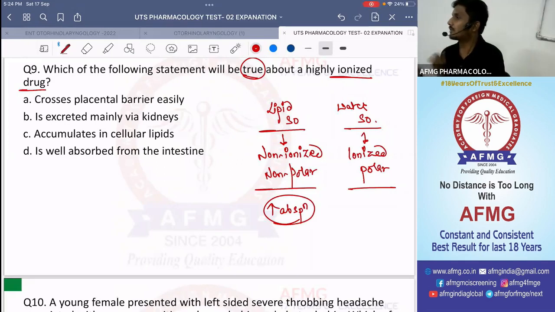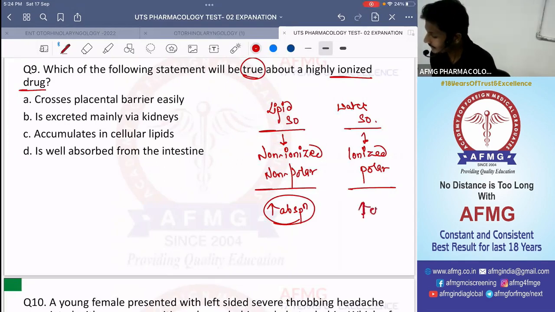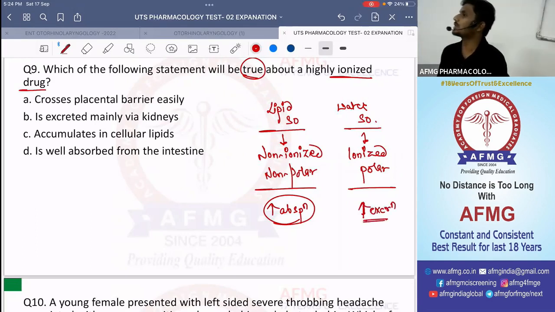Whereas the water soluble drugs will have high excretion, because they cannot cross the plasma membrane, and therefore they will always remain inside the blood. If they remain inside the blood, they will go to the kidneys, and from there they will be filtered out of the body.